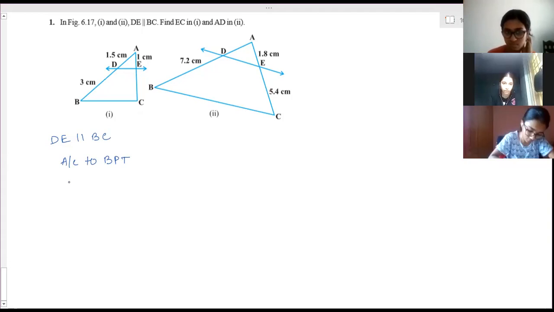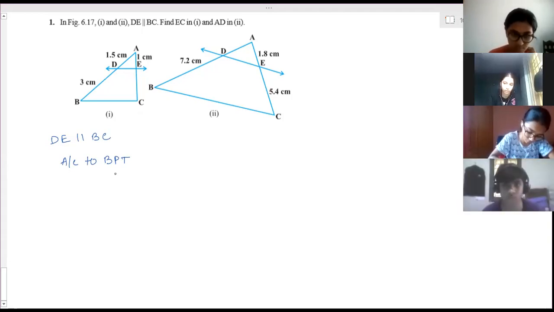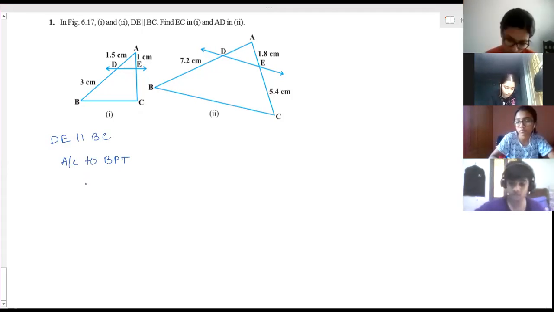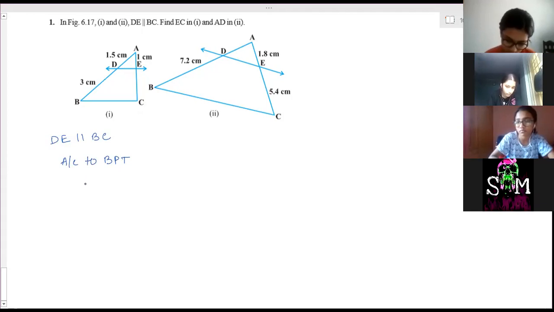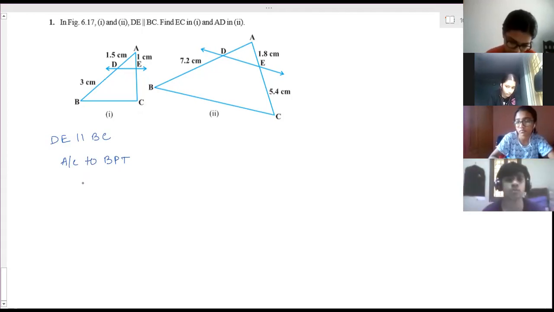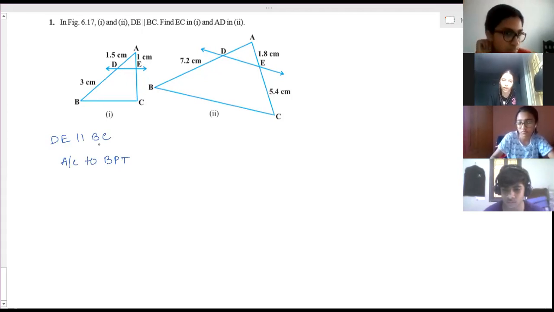In a triangle, a line drawn parallel to one side of a triangle intersecting the other two sides at distinct points, and parallel to the third side, divides the sides in equal ratio. So here the mathematical statement: if DE is parallel to BC in this triangle.